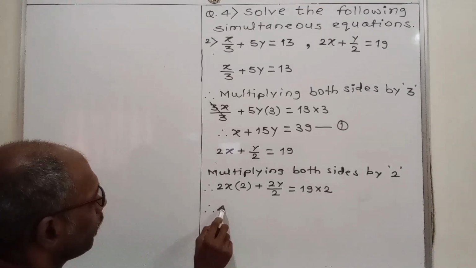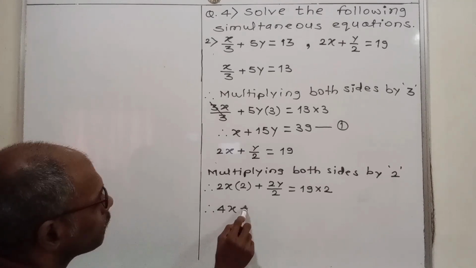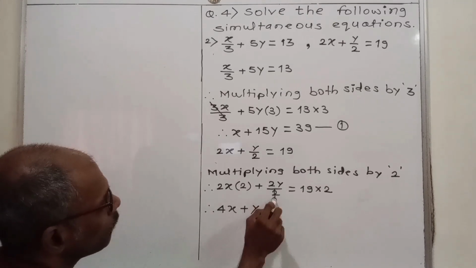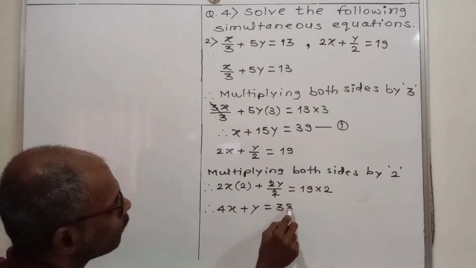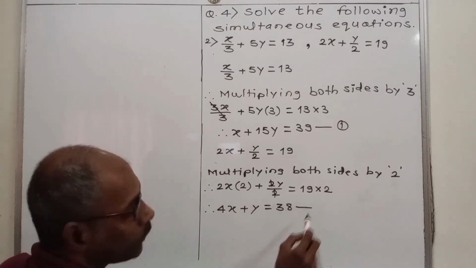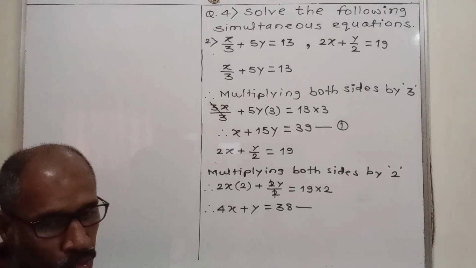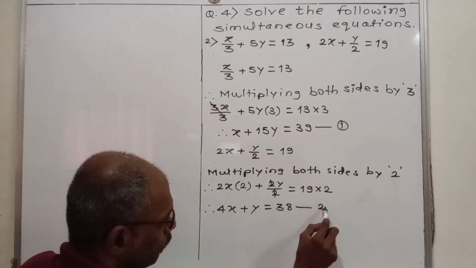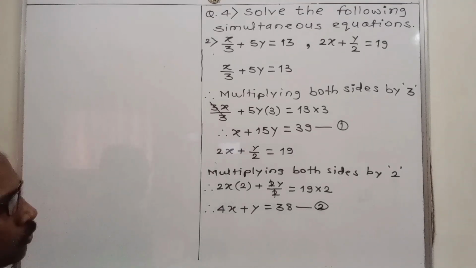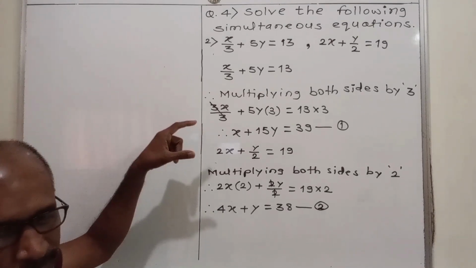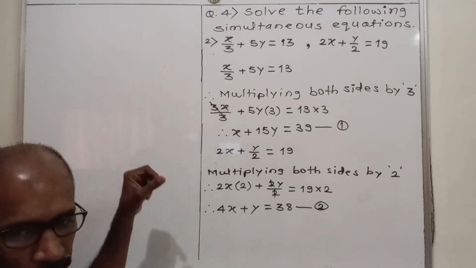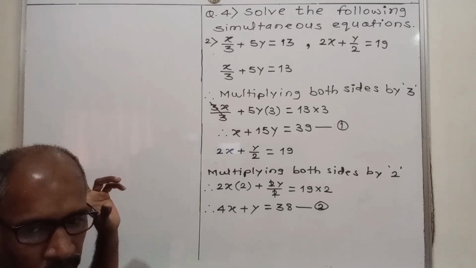Therefore 4x plus y is equal to 38. 19 into 2, equation number 2.